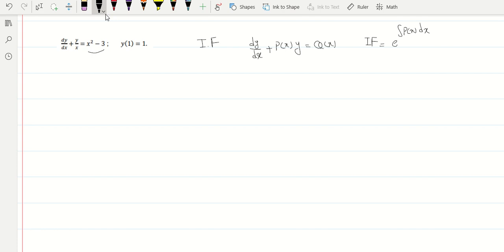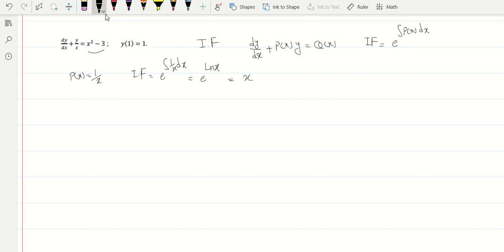And on our question, p(x) would be equal to 1 over x. So I can actually calculate the integration factor using e to the power of integral of 1 over x dx. And as you know, based off calculus, the integral of 1 over x is ln of x, so it is e to the ln of x. And based off the properties of ln, we know that this value would be equal to x.